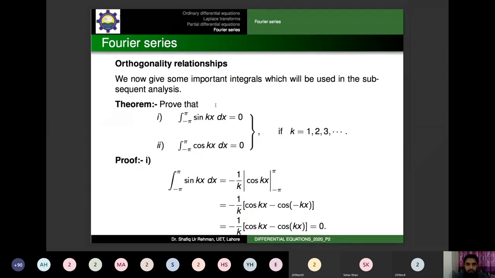Certain results are very vital because once we develop those results, they could be utilized. Like the integral over the interval minus π to π of sine of kx for all positive integral values of k is going to be 0. No need to calculate this integral. Same is the case with cosine of kx.